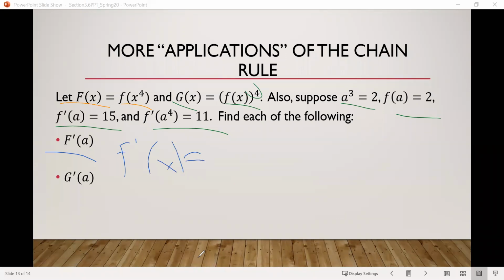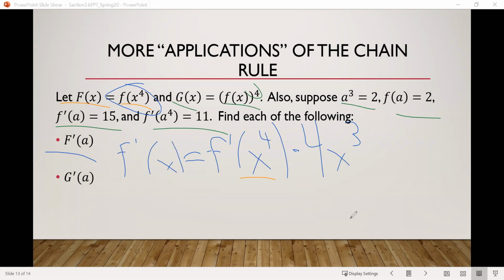Okay, and we see again that this is a composition of functions, which means we need to do the derivative of the outside function, which is f prime, evaluated at x to the 4th, which is the inside function, times the derivative of the inside function, which would be 4x cubed, right? Because the derivative of x to the 4th is 4x cubed.